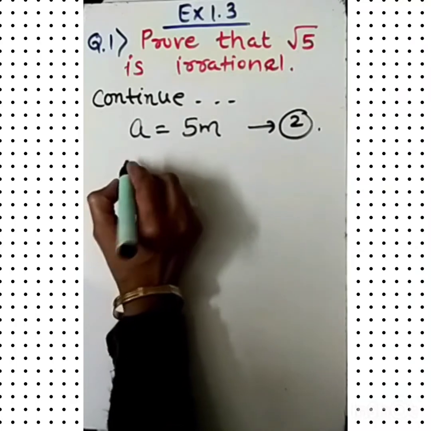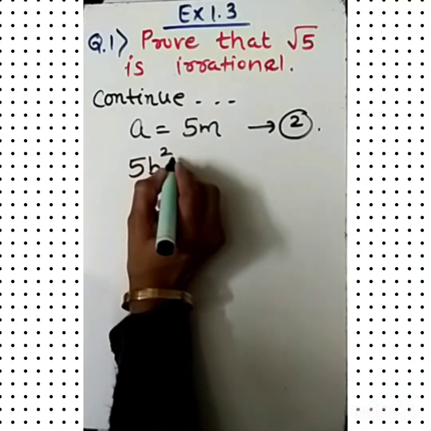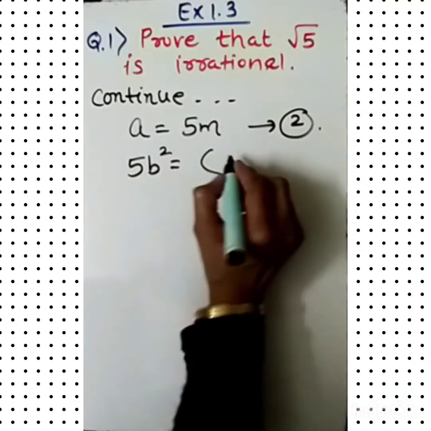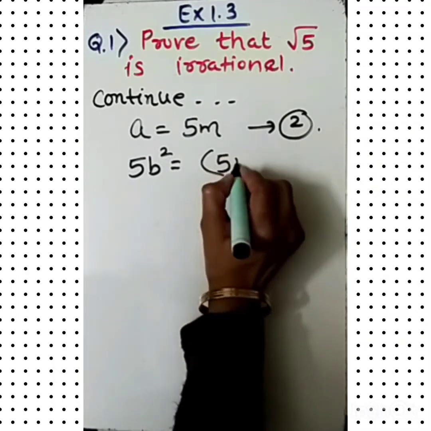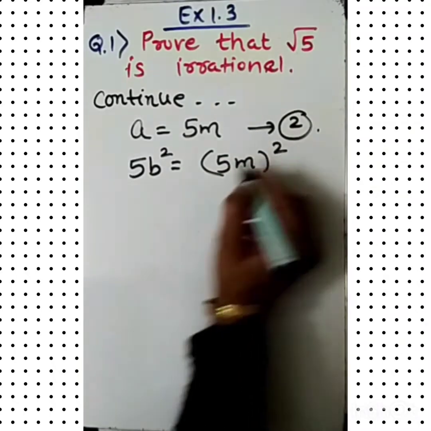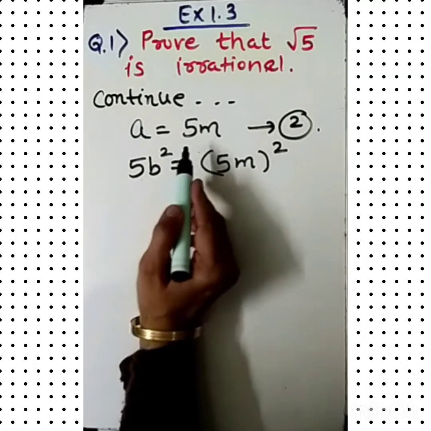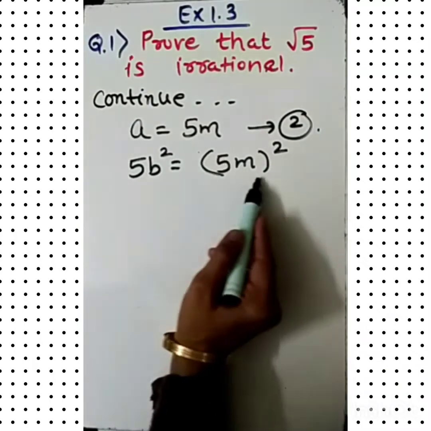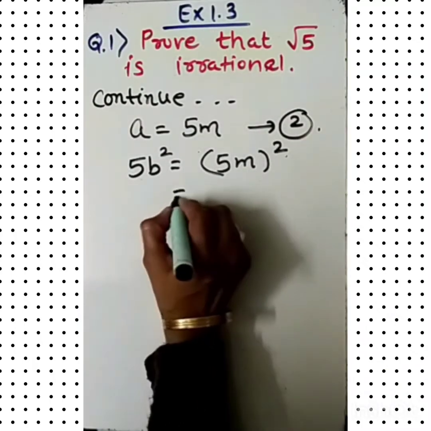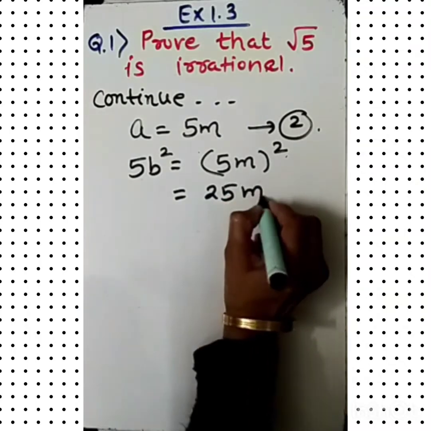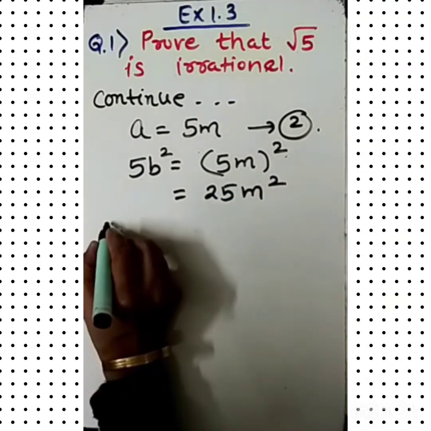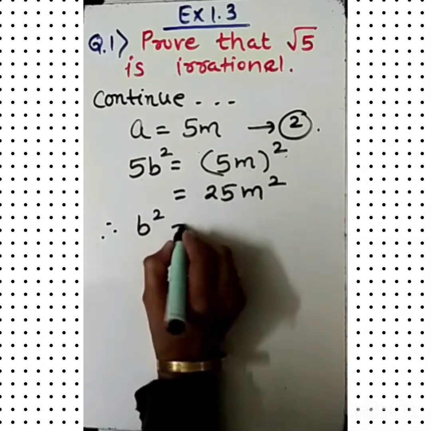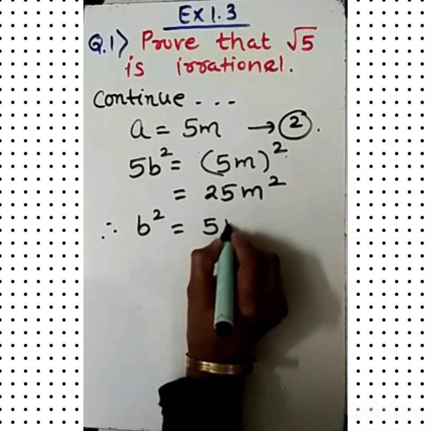Now as we know that 5b square equals a square, let me put its value in place of a, I am writing 5m. So in place of a square I am using this, so of course it is 25m square. Therefore b square equals 5m square.